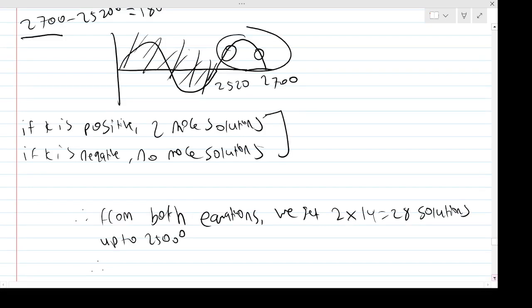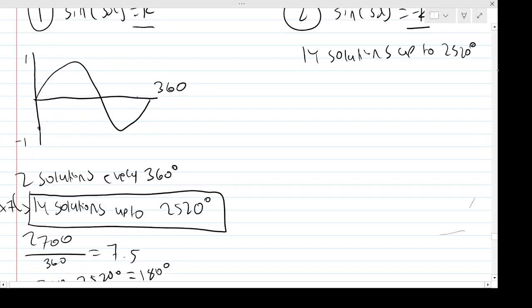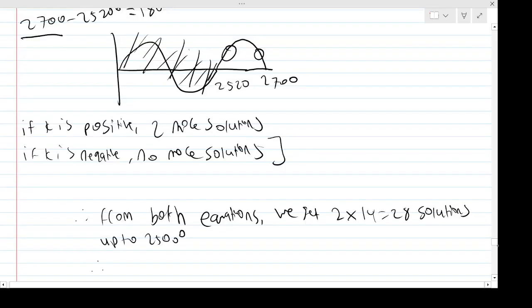The last 180 part of the graph. So then we would either get two solutions if k is positive, or no extra solution if k is negative. But as we discussed, in one case k is positive and in one case k is negative. So actually what happens is, in one of these equations we would get two more solutions, and in the other equation we would get no solutions. So we just need to add 2 on them, right?